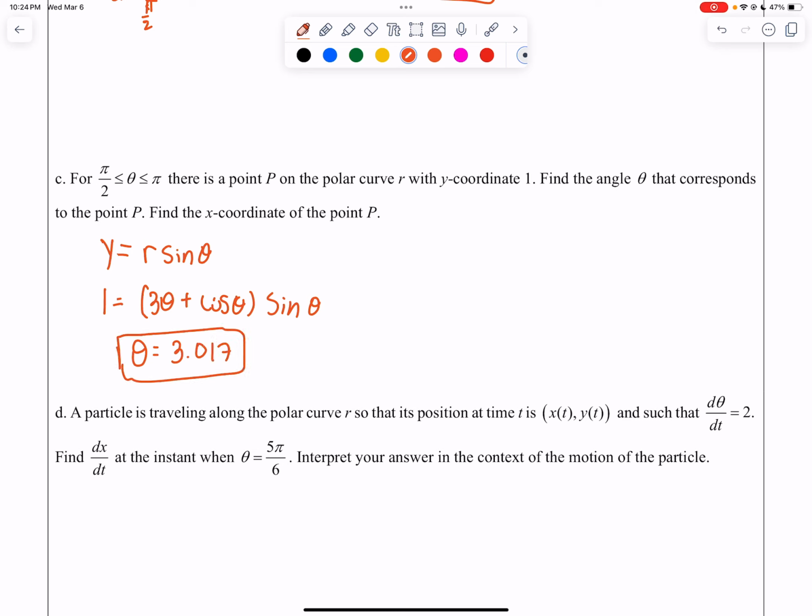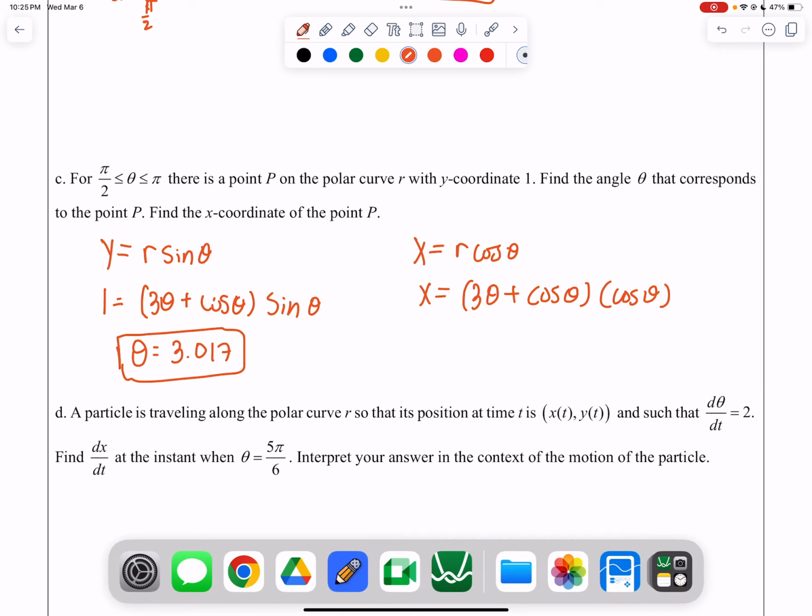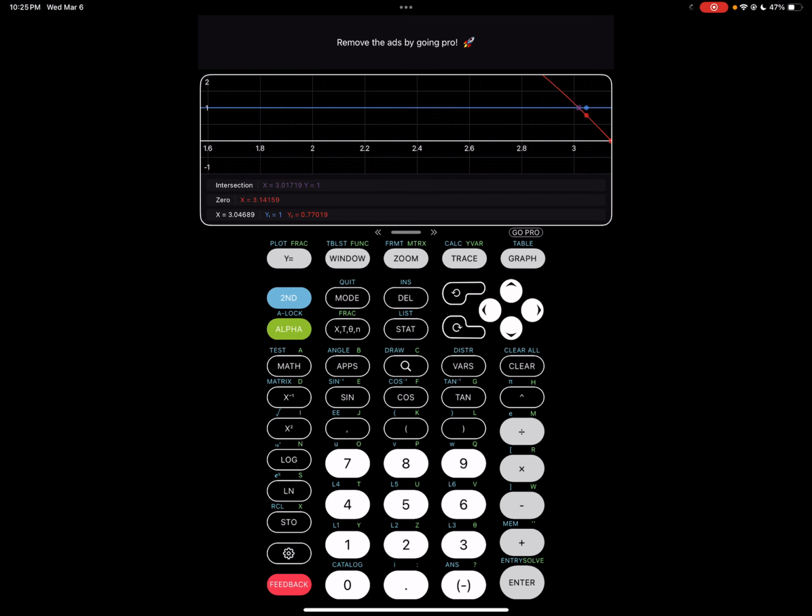And it tells us to find the x-coordinate of P. So x is going to be r cosine of theta. So the only thing we're going to do here is, instead of sine, we have cosine. So the value of theta is already saved for us.